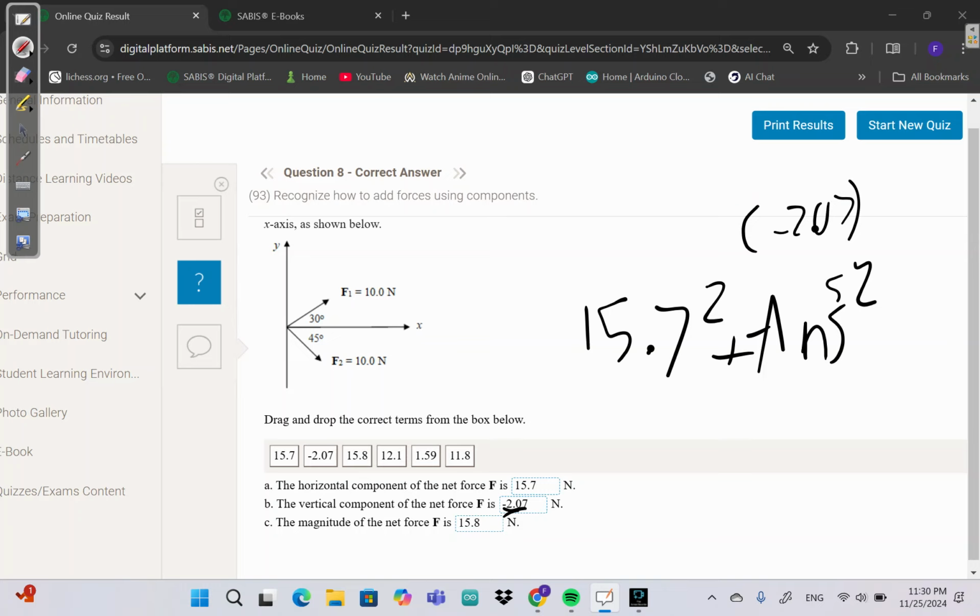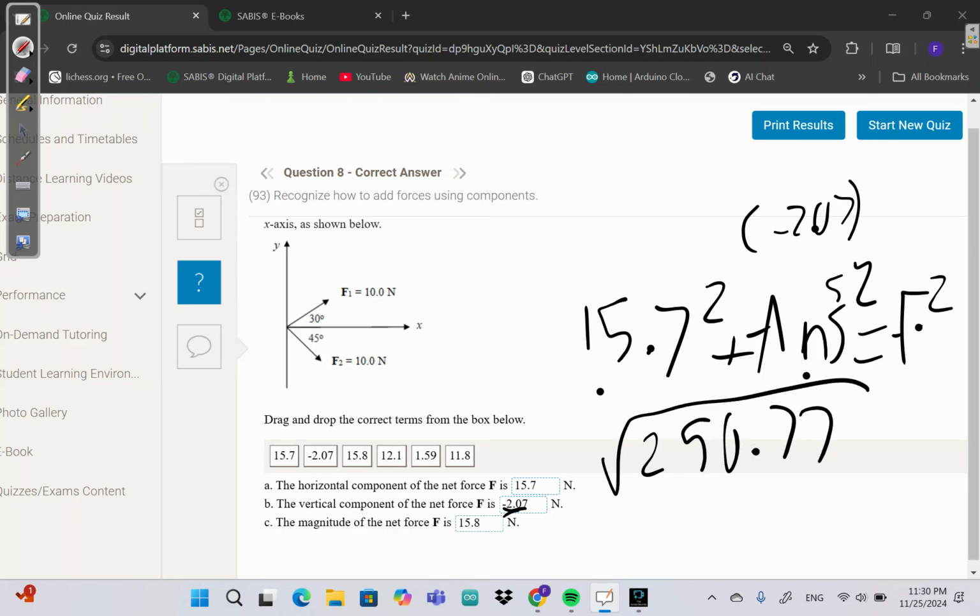Let's keep it as answer since we have a lot of decimals, so it becomes more accurate, is equal to R squared. If you do it on the calculator, you'll get that this plus this is 250.77. Take the radical to get rid of the square. So the radical of the answer is 15.836, which if we round is just 15.8, which is our third answer.